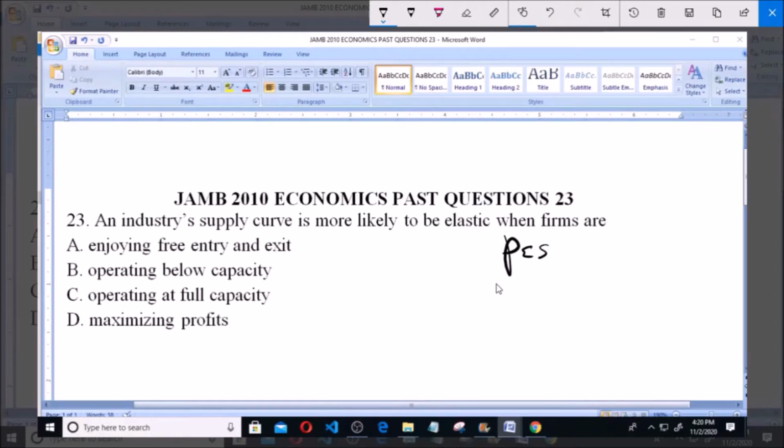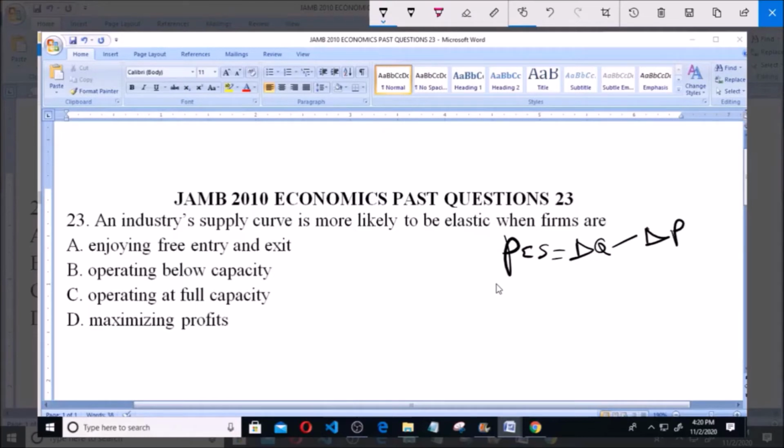Price elasticity of supply measures the relationship between change in quantity supplied following a change in price.